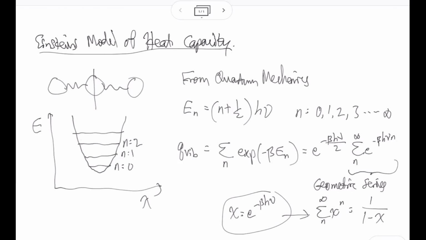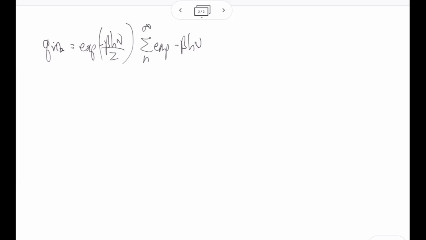So I'm going to go to a new page. So q, I'm just going to rewrite it really fast so that you have this in your notes, equals exp negative beta h nu over 2 times the sum to infinity of exp negative beta h nu n.